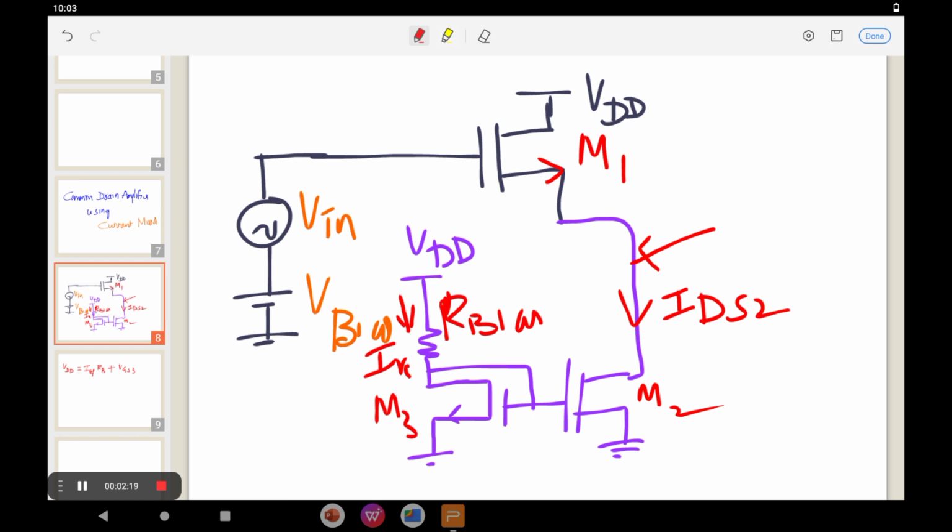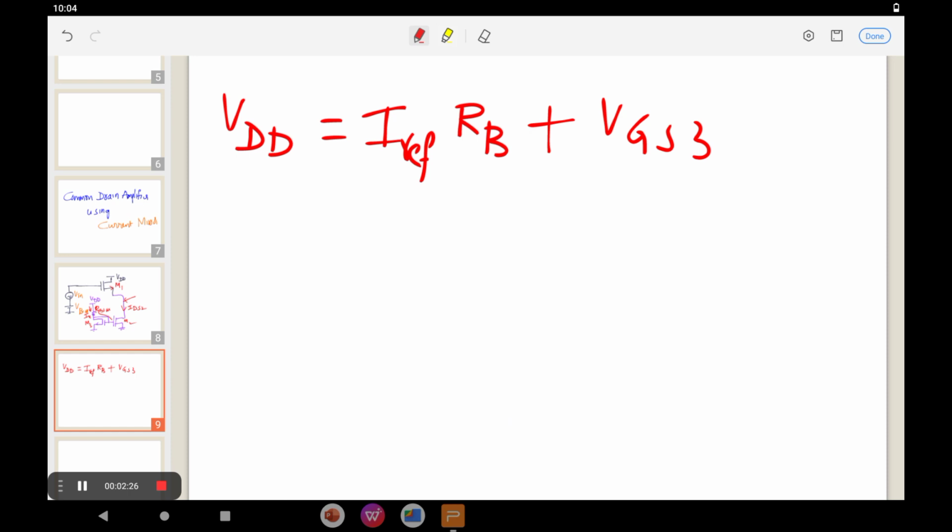This complete value in this direction gives the VDD value. That is the basic important point here, right? That is nothing but VGS2.